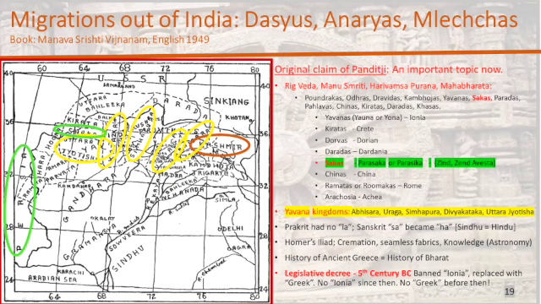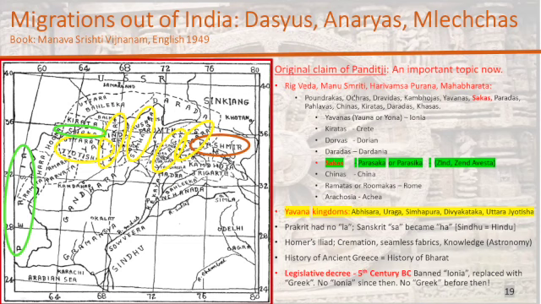Then the Harivamsa Purana also mentions these tribes. You may recall that Sagara Chakravarti, who was an ancestor of Lord Rama, there are legends that speak about his conquest over these Dasyus, and the fact that he was able to defeat them in large numbers, and he drove them again to the northwestern corner of Bharatavarsha.